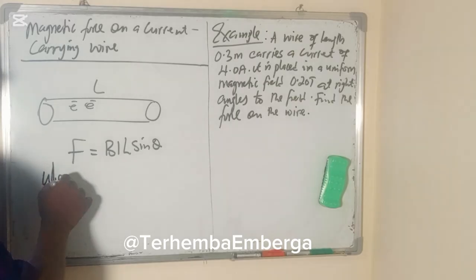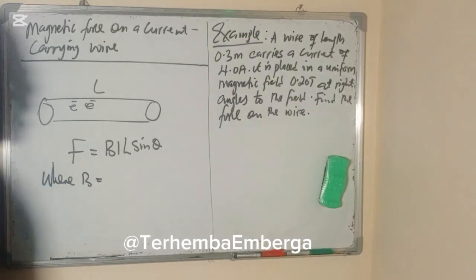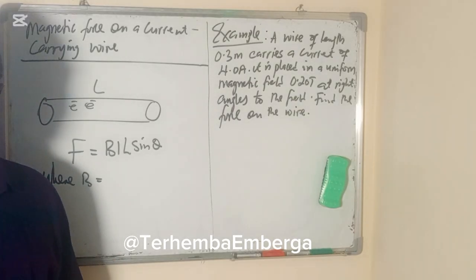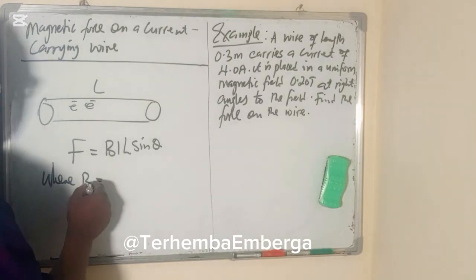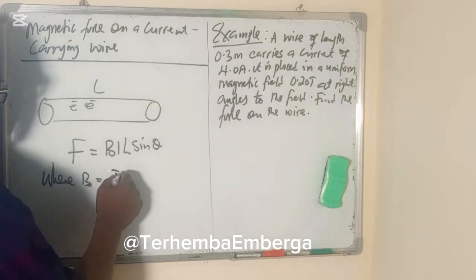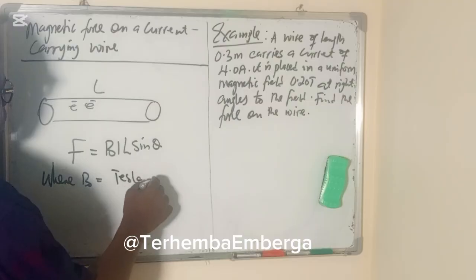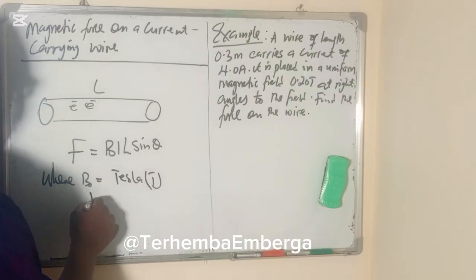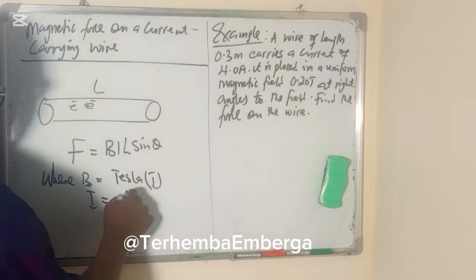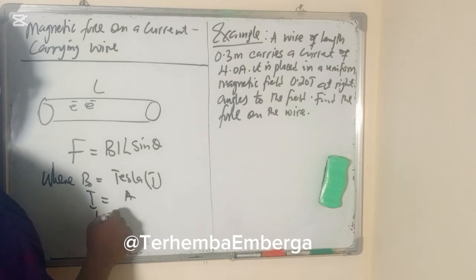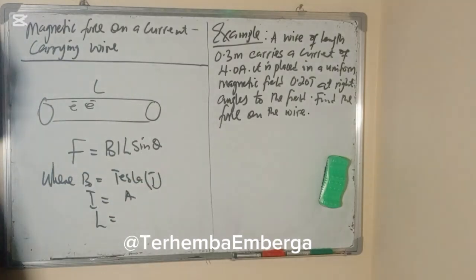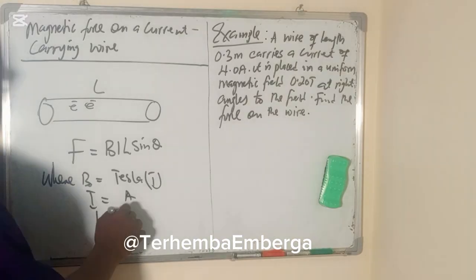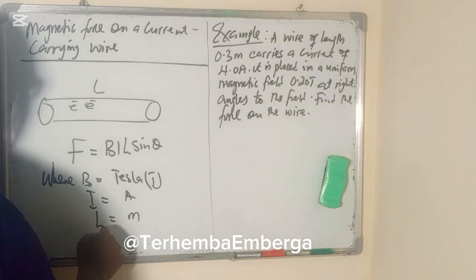where B is the magnetic flux or magnetic field strength. It means the same thing. B is the magnetic flux in Tesla, T, I is a current in ampere, and L is the length of the wire or the conductor in meters, and theta is in degrees.